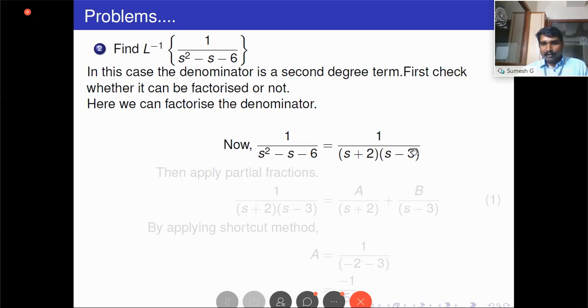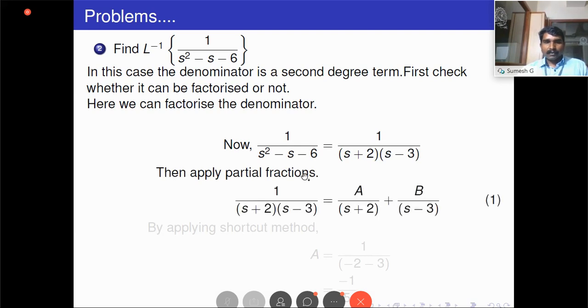Then the denominator becomes a product of two terms. We have to apply partial fraction. The partial fraction form is 1 by (s plus 2)(s minus 3) equals a by s plus 2 plus b by s minus 3.